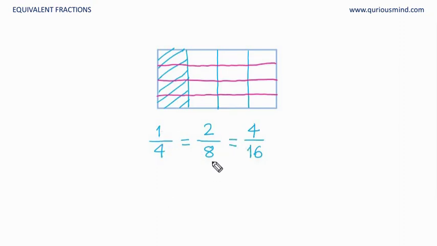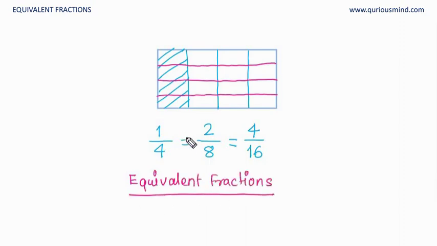Now, such type of fractions are called equivalent fractions. So in equivalent fractions, you will see the denominators and numerators may be different, but the total value of the fraction is going to be the same.